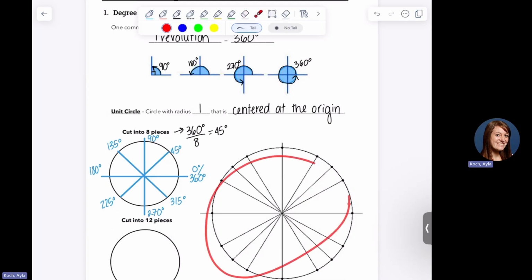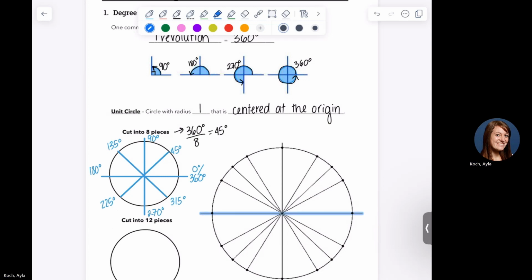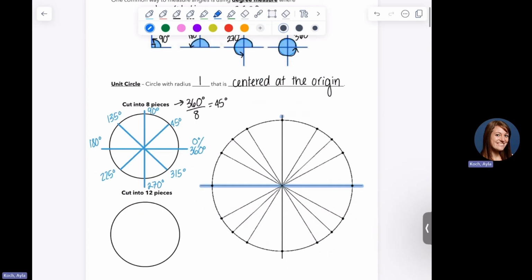So I'm going to label these on this bigger circle over here that you'll notice has quite a few spokes on it. The spokes that we've done are this guy here, this guy here, and then the ones that go directly in half.